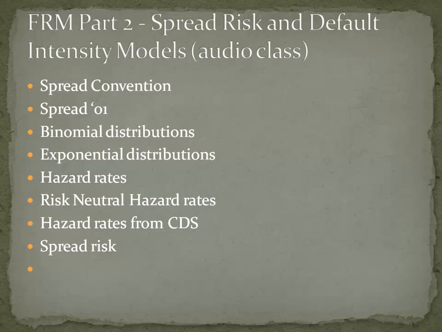Let's look at a very simple case here. If the spread is 400 basis points and you recover 20% recovery rate, then the hazard rate is 0.04 upon 1 minus 0.2, which is 0.05.